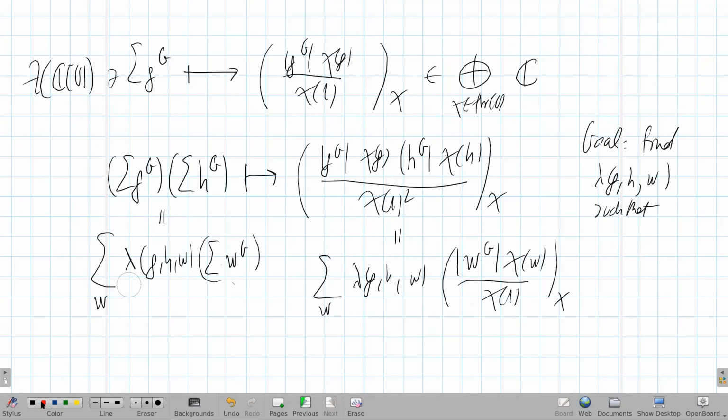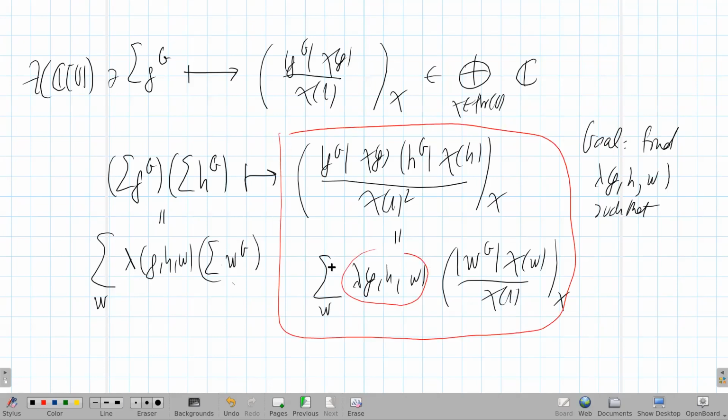So we have this identity where these structure constants, these coefficients, are unknowns. And how do we get to these unknowns? We will use the other, or second, orthogonality relations. So what do we do? These are the unknowns that we have to determine.